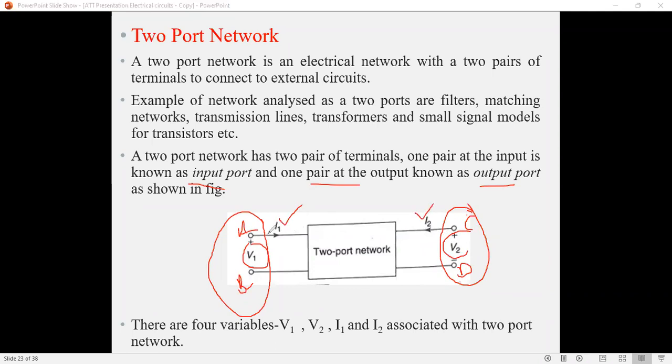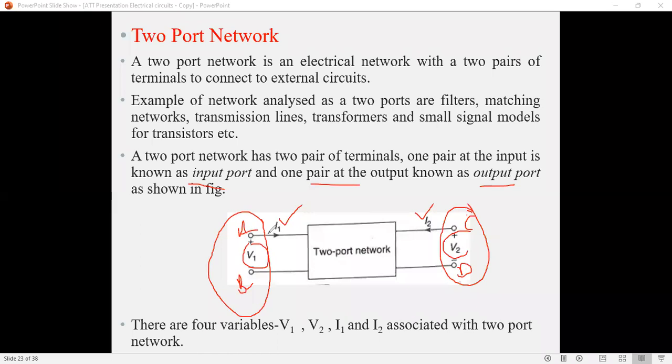So the 4 variables are input voltage, input current, output voltage, and output current. These 4 variables are associated with the two-port network, only 4 variables.